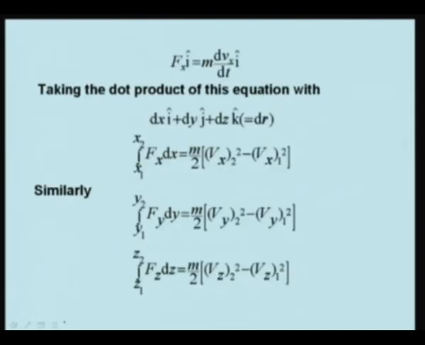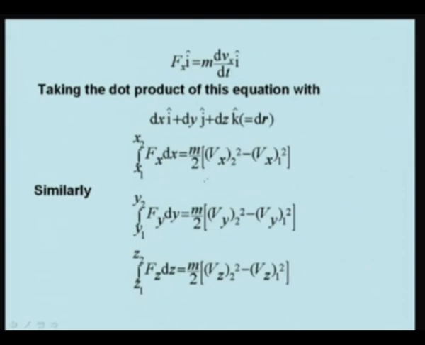Thus, if we take the dot product of this equation with dx i plus dy j plus dz k, which is equal to dr, not the dot product of F with dr, but the dot product of Fx i equal to m dvx by dt i with this dr, then we will get the integral from x1 to x2 of Fx dx equal to m dvx by dt into dx, which when integrated provides m by 2 times vx2 squared minus vx1 squared.